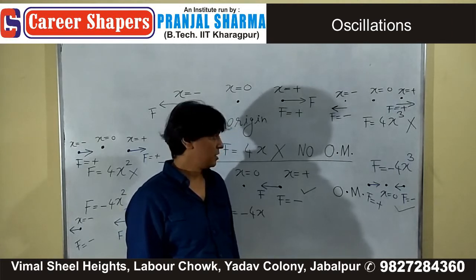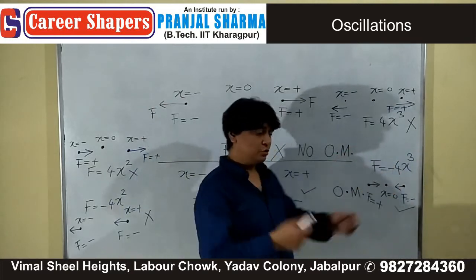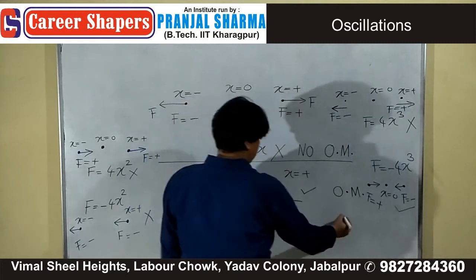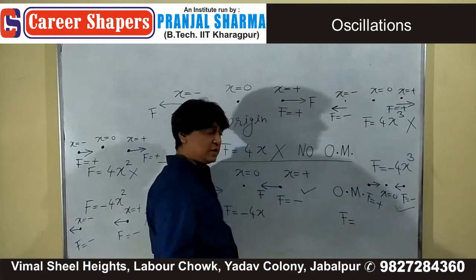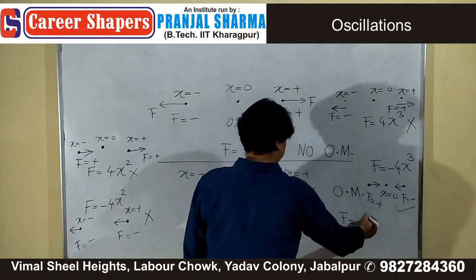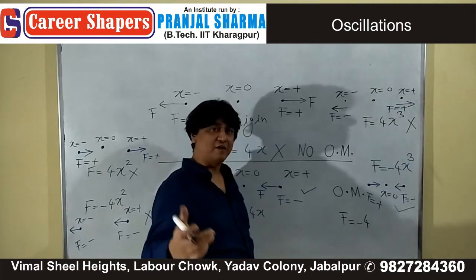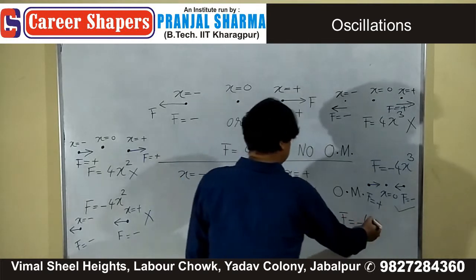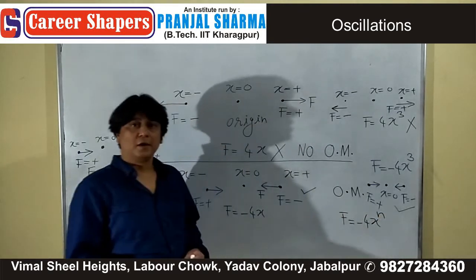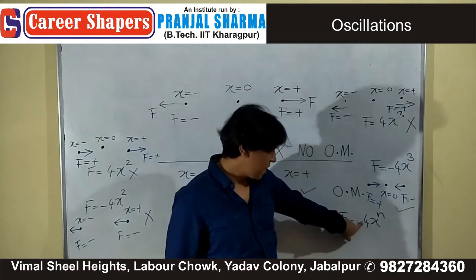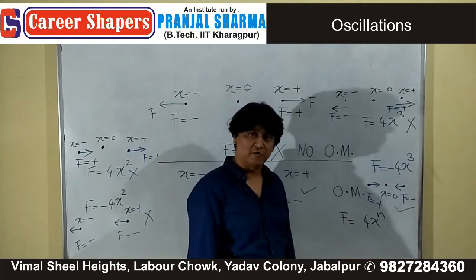Now, by now, you know that if we have a force in this form, negative sign, some constant, it's not about 4, it can be 5, 6, anything, x to the power n. If you have a positive sign, you know that it can never be an oscillatory motion.